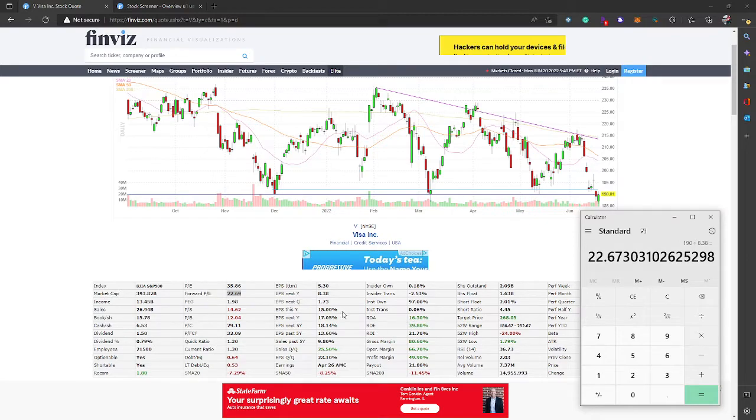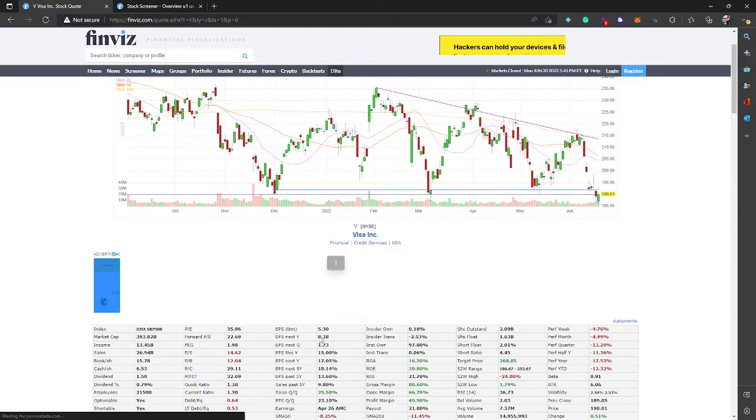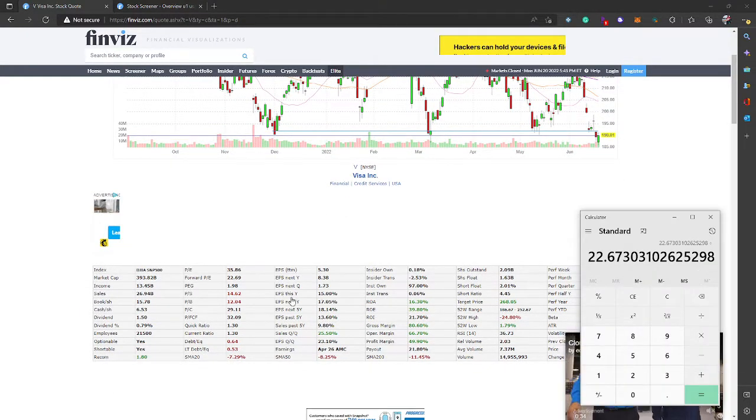So next year's PEG ratio, if this number stays the same, and this number goes to $8 instead of 5, that will be over 18, we can calculate right now, 1.259, so 1.26.